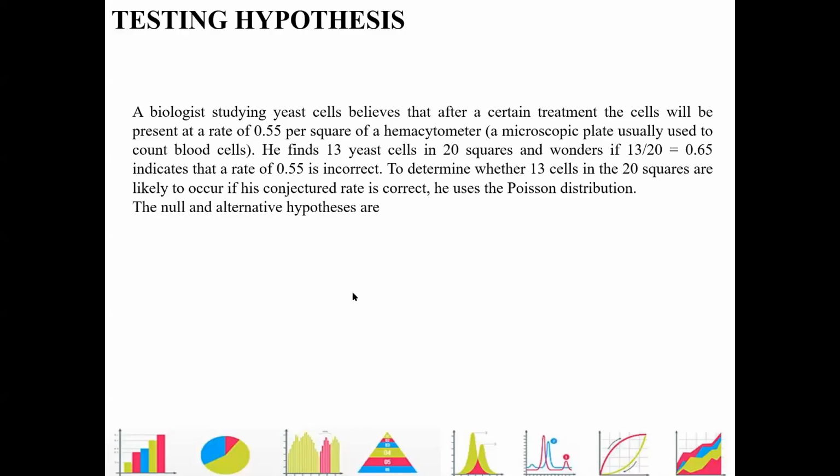Okay, so ang ating region of rejection is 0 to 4, 18 to 20. So, ang lumabas sa kanya is 13. 13 cells in 20 squares are likely to occur if his conjecture is correct, using the Poisson distribution. So, pasok siya sa region of acceptance. Ano ngayon na magiging conclusion natin?